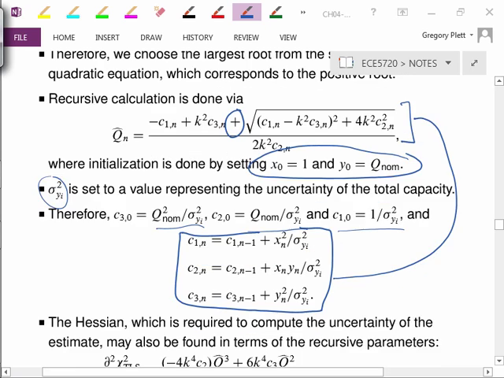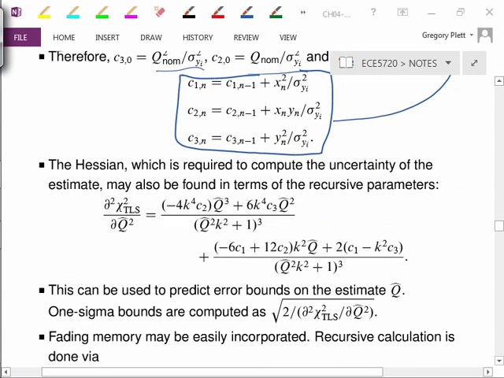If we wish to compute the error bounds, we need to know what is the Hessian of this computation, and we can do that. This Hessian, again, I found this with Mathematica. It's no fun to do this by hand, but there is a general expression for the Hessian, and it's written in terms of the recursive parameters C1, C2, C3 at this point in time, which means that I don't have to store all my data to compute the Hessian.